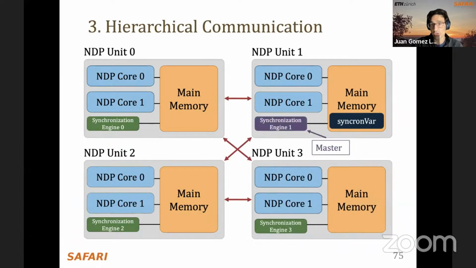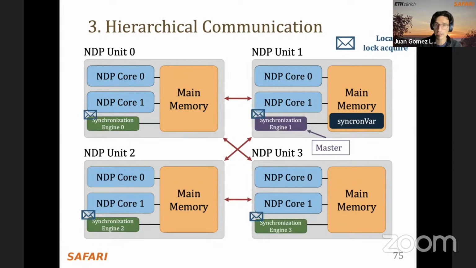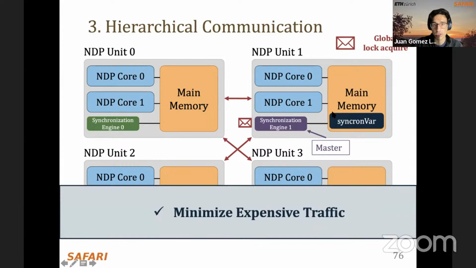And Synchron allows us to perform hierarchical communication. And what that means is that the synchronization engines in each NDP unit collect the synchronization requests from the different NDP cores, and then at some point they will send a global request to a master synchronization engine that resides in one of the NDP units.